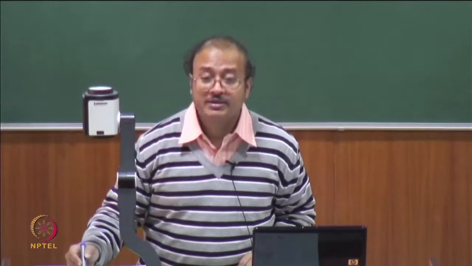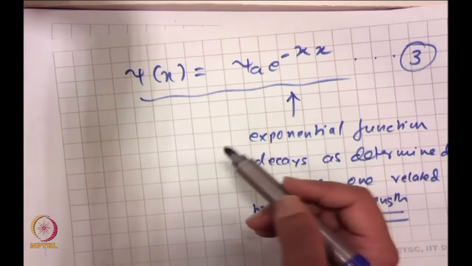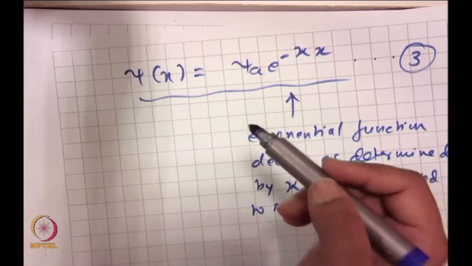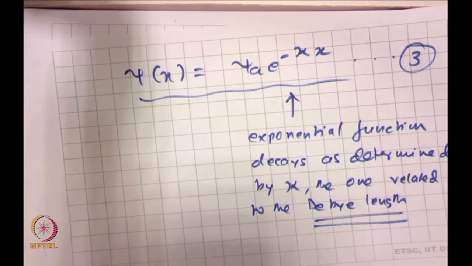So, this kappa is essentially the inverse of the Debye length, and that is what you are looking at.